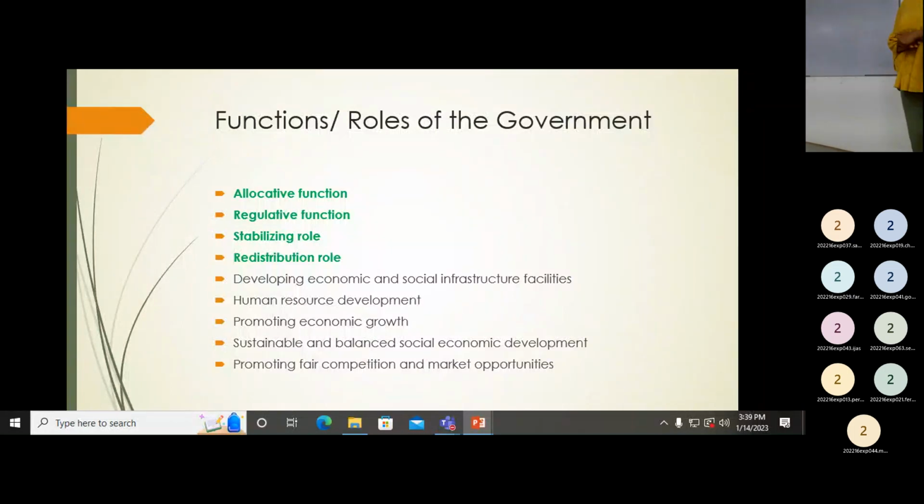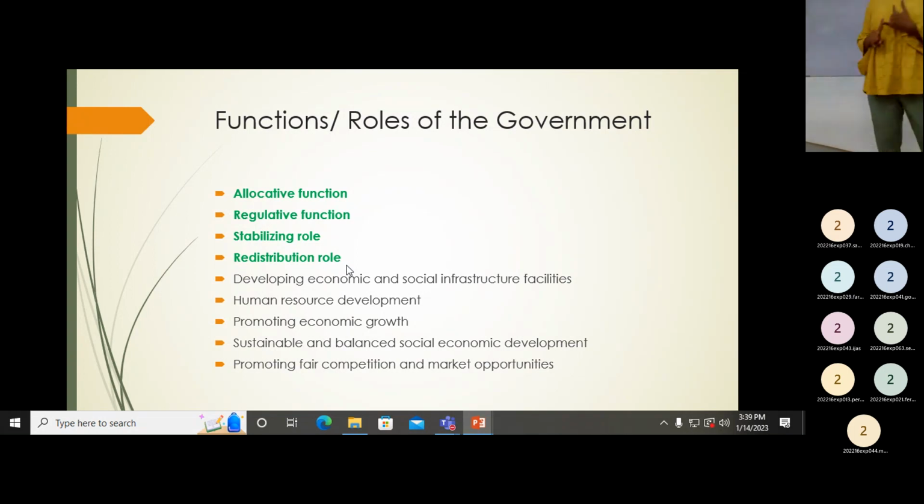Okay, so now first of all, let's look at what are the roles or what are the functions of the government, right? So government basically play 4 main functions or 4 main roles, which are written in green color. One is allocative function, regulative function, stabilizing role, and redistribution role, right?